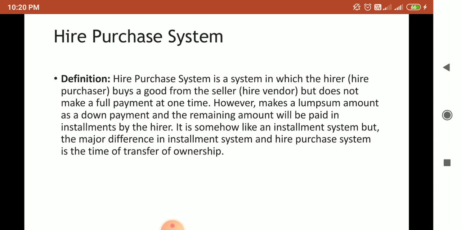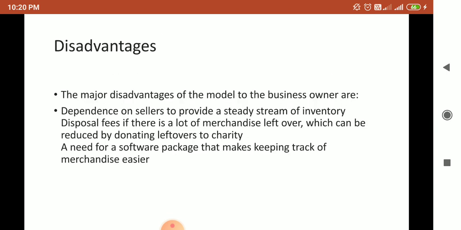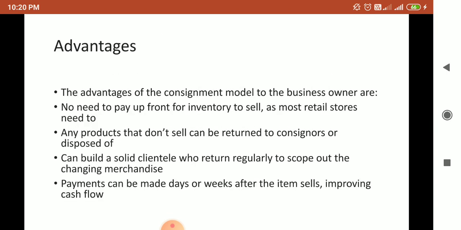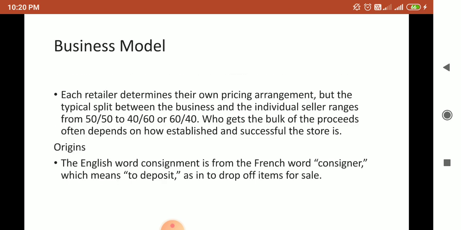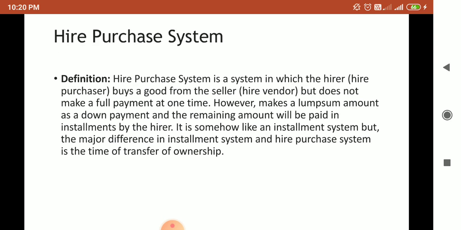In the previous class, we discussed the model of consignment accounting, meaning, advantages, disadvantages, business model, and other basic concepts of consignment accounting.